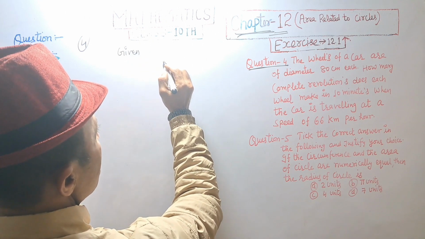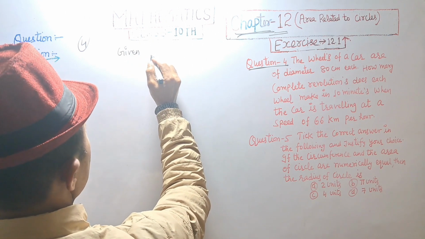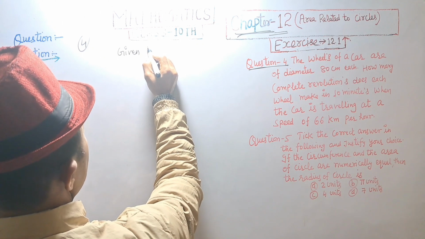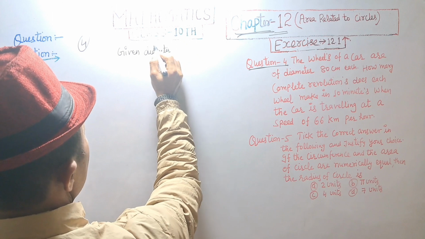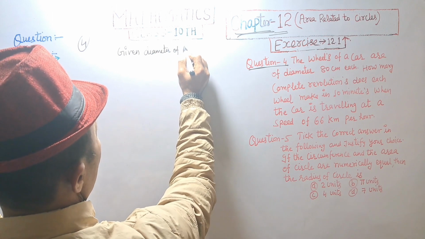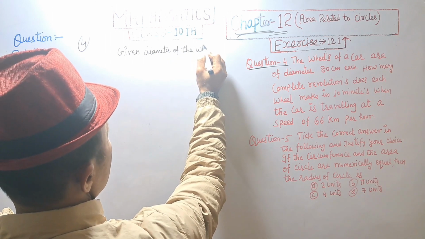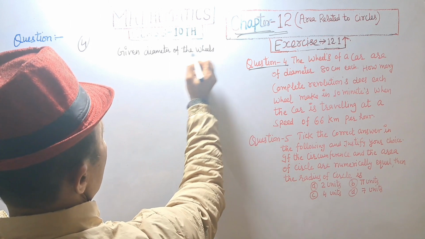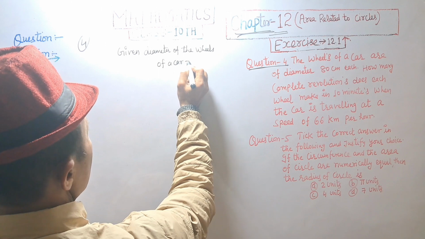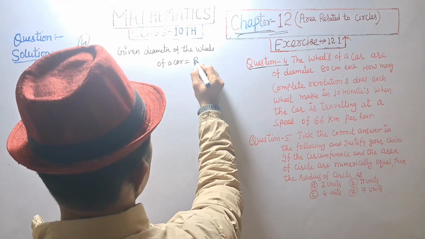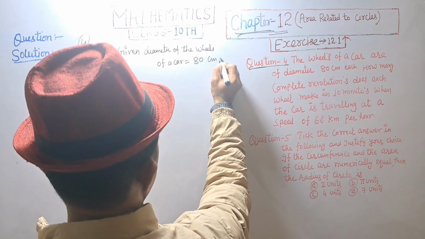Given: diameter of the wheels of a car is equal to 80 centimeter.